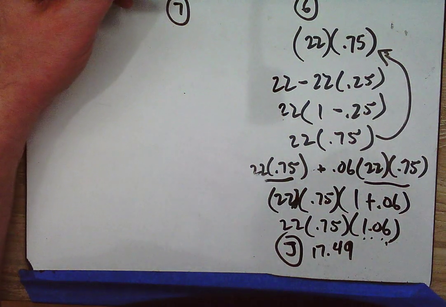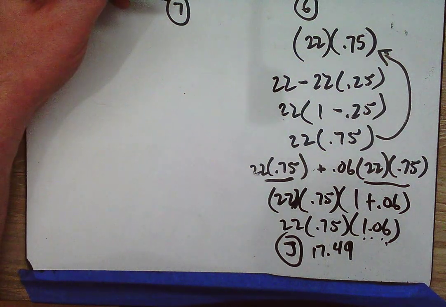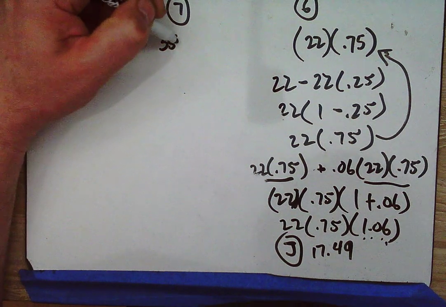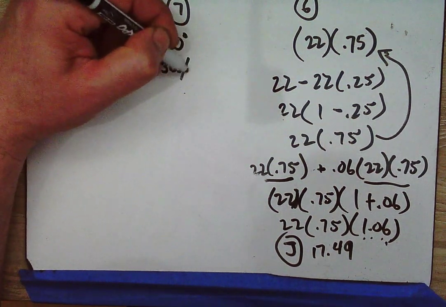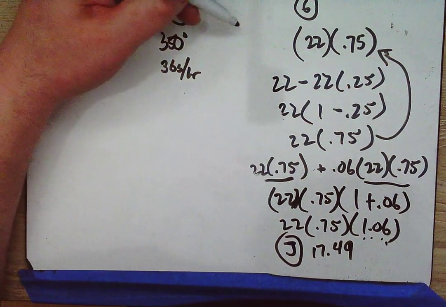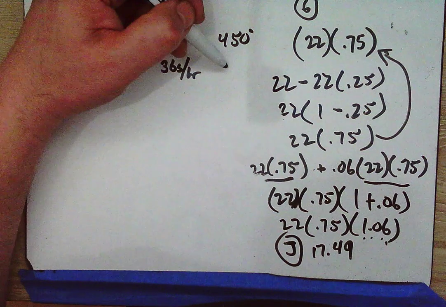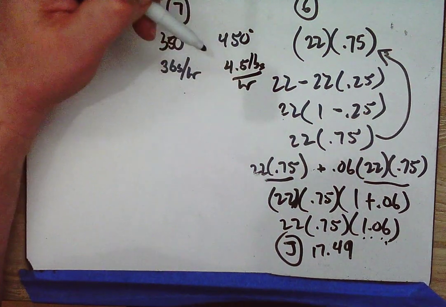7. 7 says a 350 degree oven can cook approximately 3 pounds of turkey per hour. 350 degrees, 3 pounds per hour. A 450 degree oven can cook 4.5 pounds per hour.